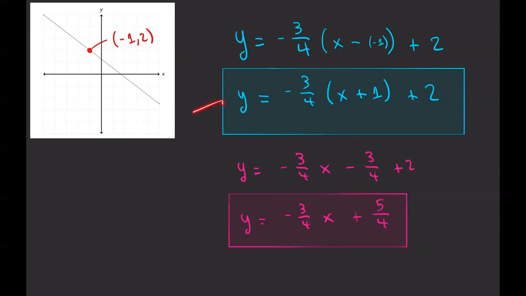And then in the blue here, we have point-slope form, which again is called that way because we have a point that we can very, very quickly identify. Be careful of positives and negatives here. Remember that we do have the format x minus x naught, so you've got to be careful there. And again, finishing off why we call it point-slope form, because we have our slope of -3/4 right there. Both are perfectly acceptable.